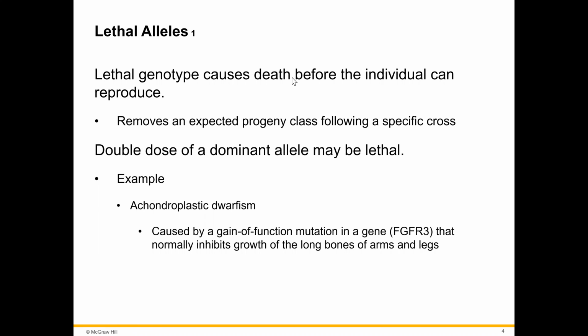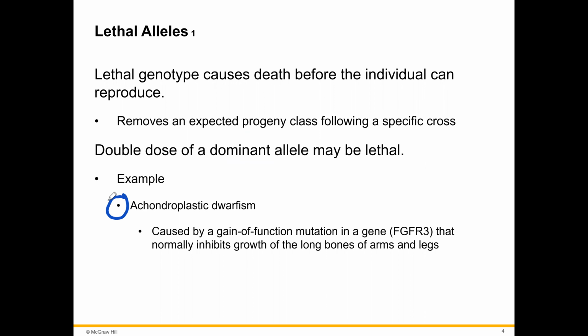And the first example will be lethal alleles. Now, a lethal genotype causes death before individuals can reproduce, and it removes an expected progeny class from a specific cross. For example, a double dose of a dominant allele may be lethal.